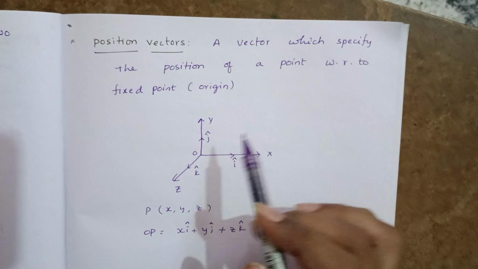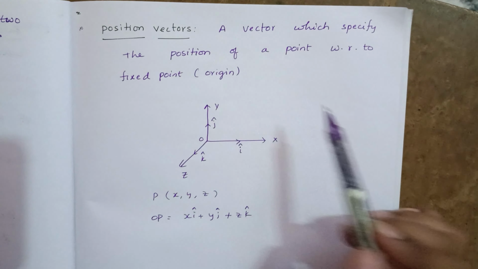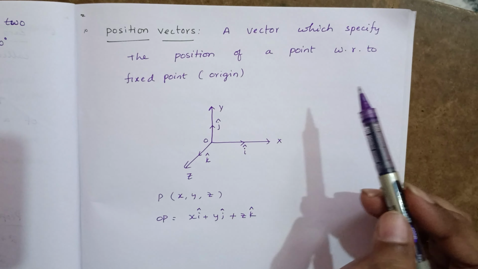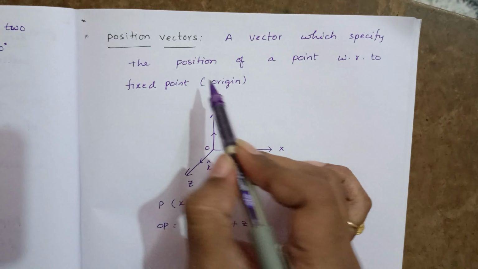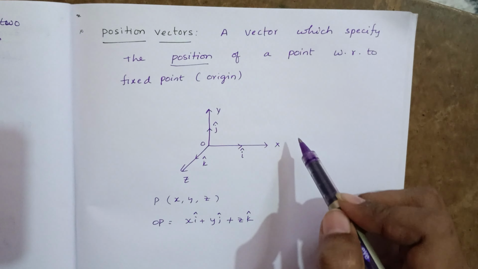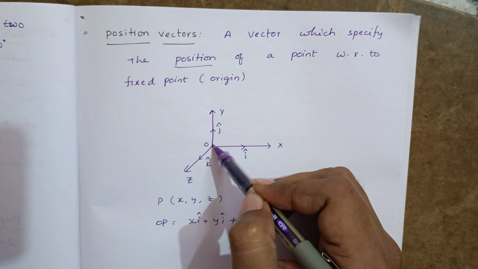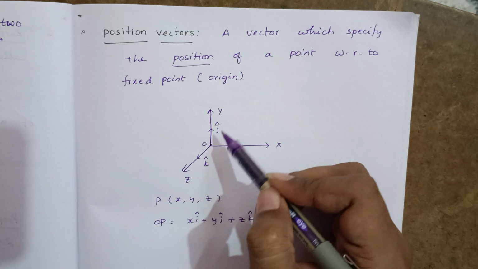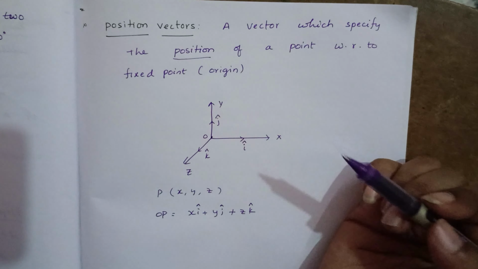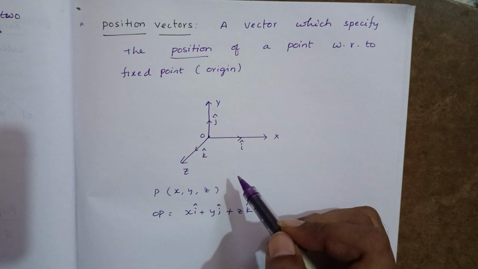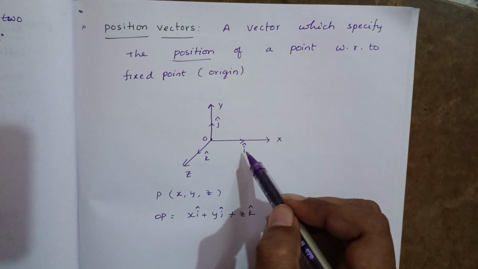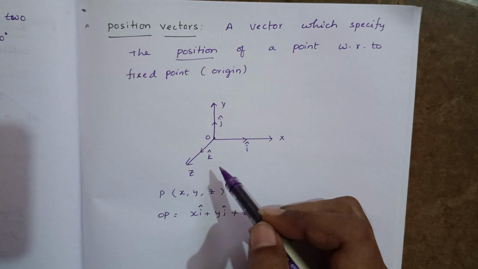Next, position vector. A vector which specifies the position of a point with respect to a fixed point like the origin is known as a position vector. Now, the x, y, z axes have unit vectors i cap, j cap, k cap.